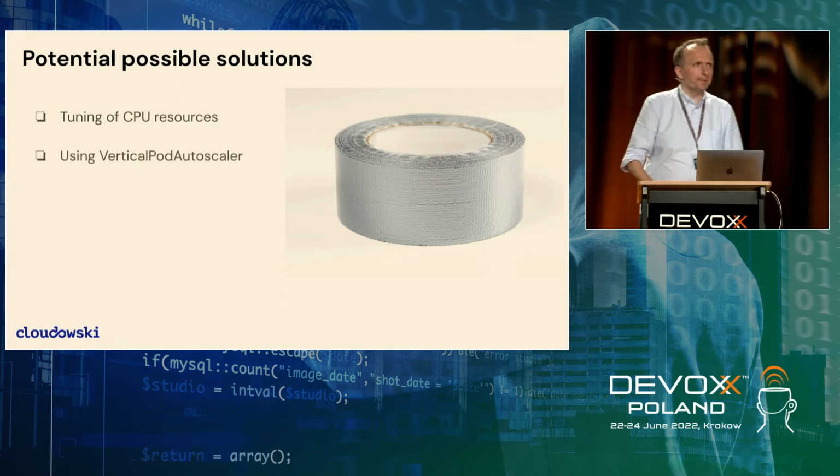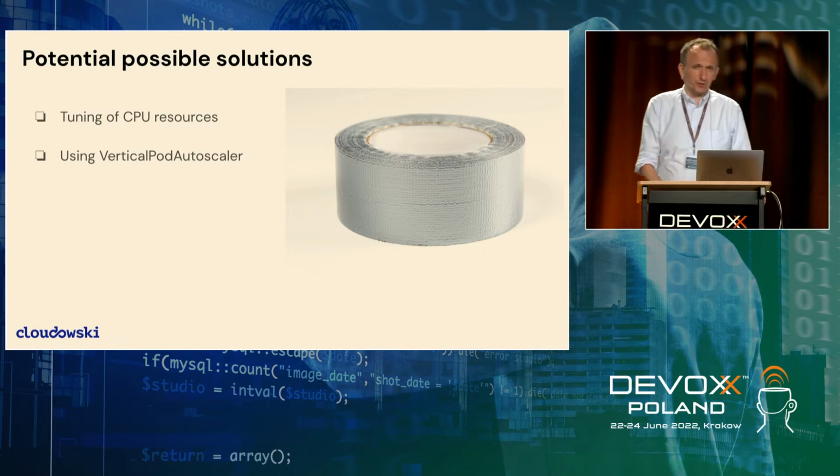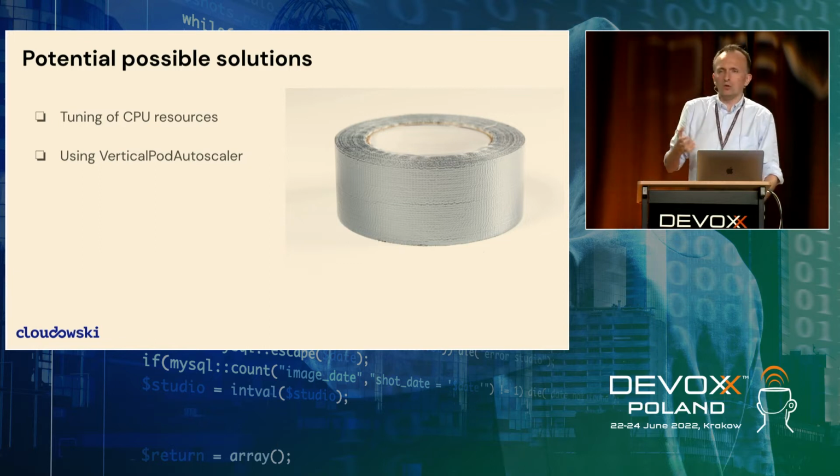Then we were considering using a vertical pod autoscaler. It's an interesting object in Kubernetes, and it should help us, because its main task is to adjust CPU requests and limits.